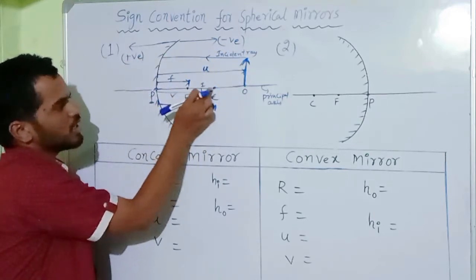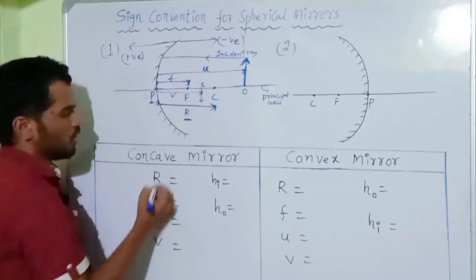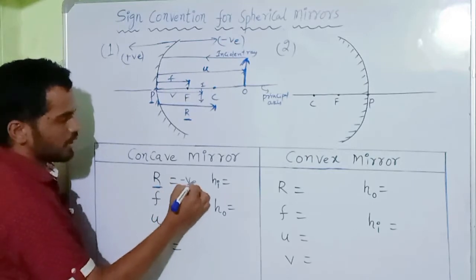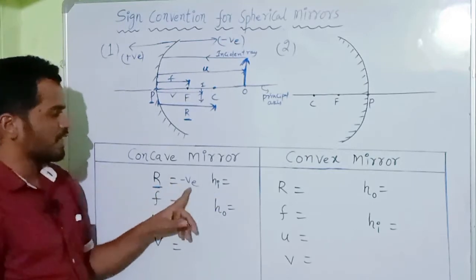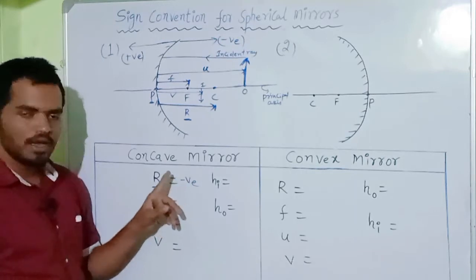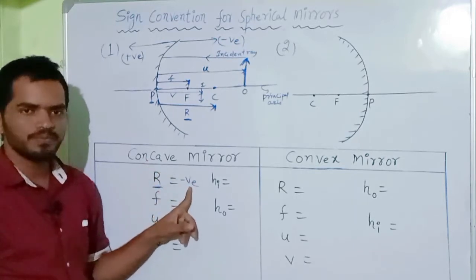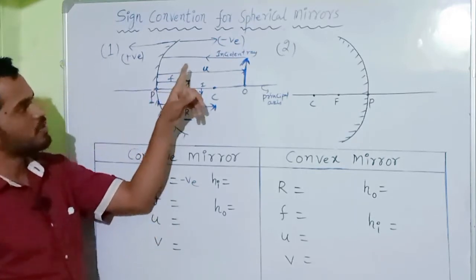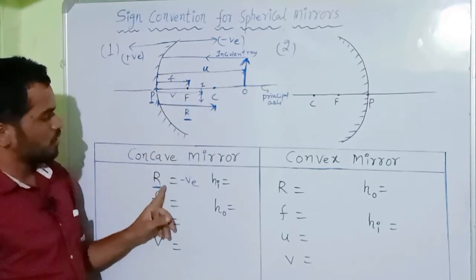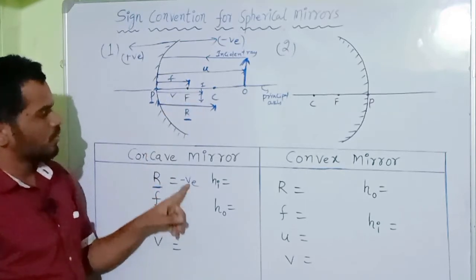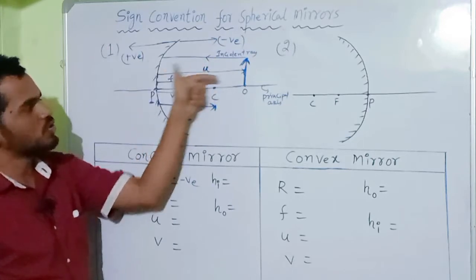So we have to consider this negative, directly minus. For a concave mirror, R is negative because it is opposite to the incident ray.